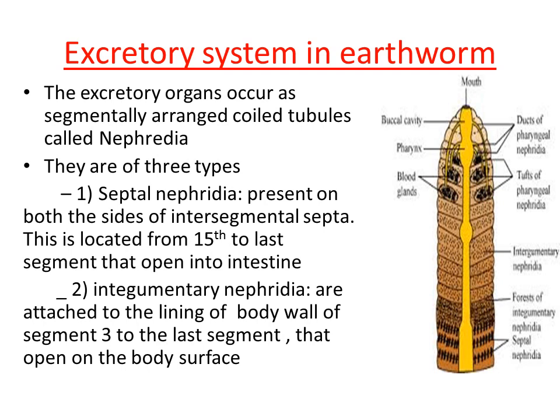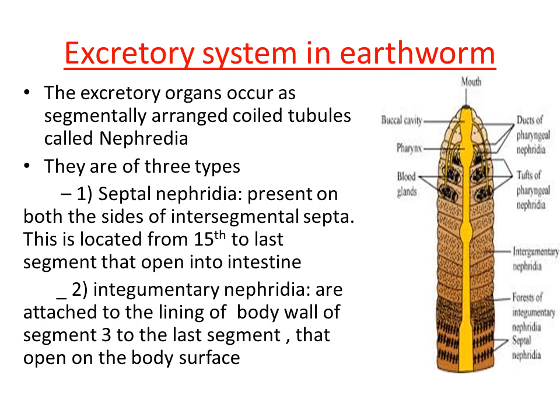We have seen the septal nephridia are restricted to only the septal wall region, that means on either side of the septa. But integumentary nephridia are attached to the lining of the body wall, and this kind of nephridia is present from the third segment till the last segment. Clear? And how does it perform its function? It absorbs the nitrogenous waste from different parts of the body.